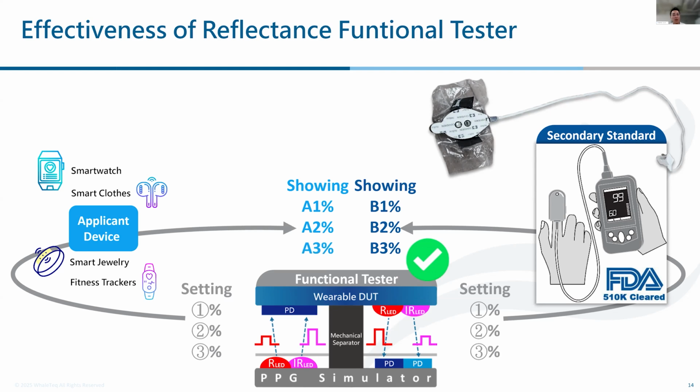Because I'll be sending the same setting that I sent to the 510K device, the applicant device should also read the same. If they are close, in a very highly correlated manner, the applicant device can be considered verified. This is the spirit of the secondary standard.